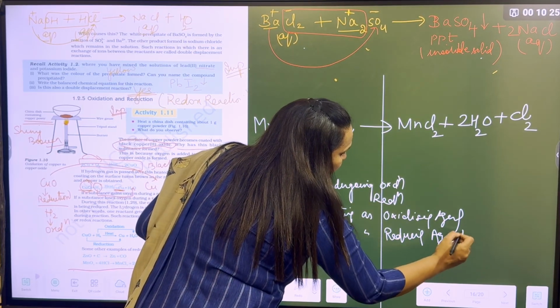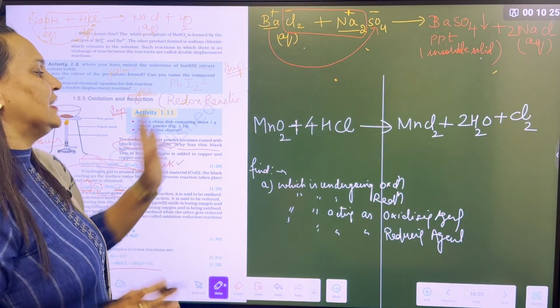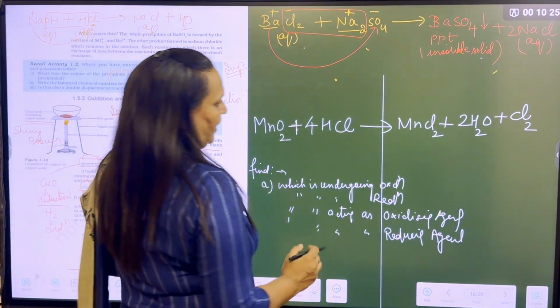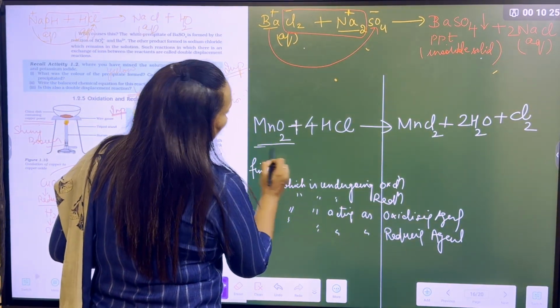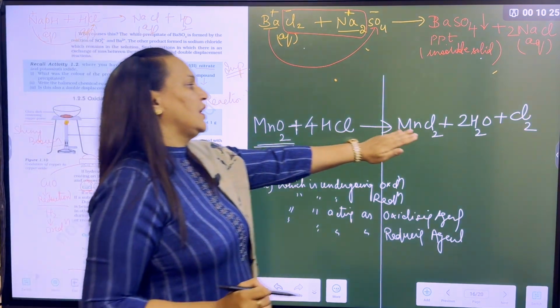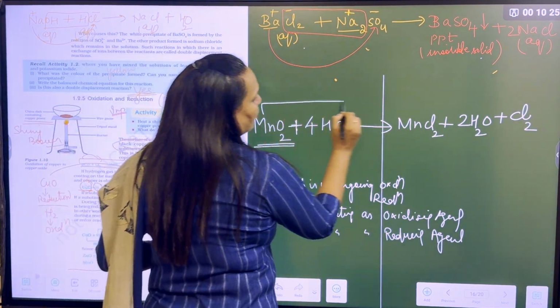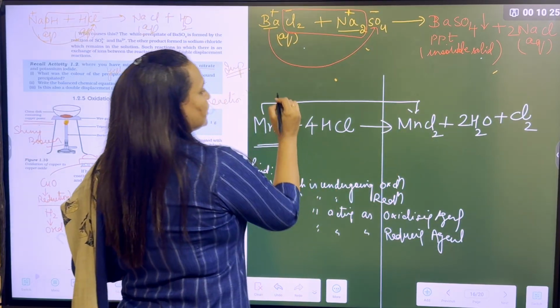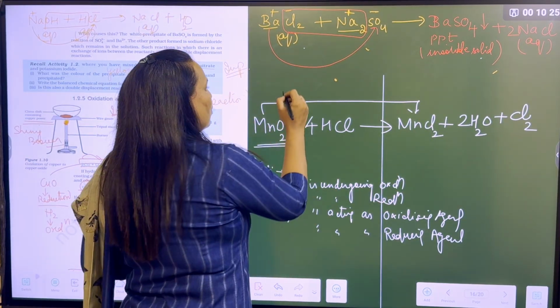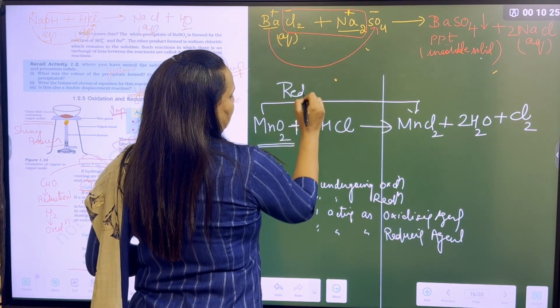Okay, let's find out. First of all, see the reactant, because you are answering the reactant. This is MnO2, oxygen is here, but here oxygen is removed. Removal of oxygen is called reduction.